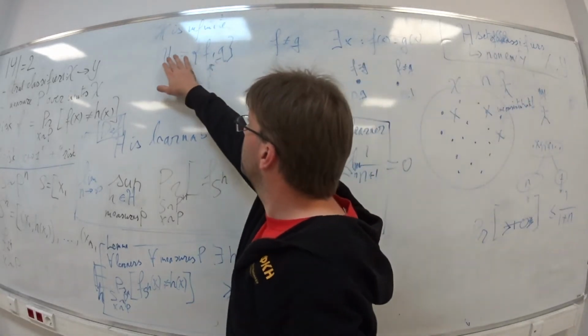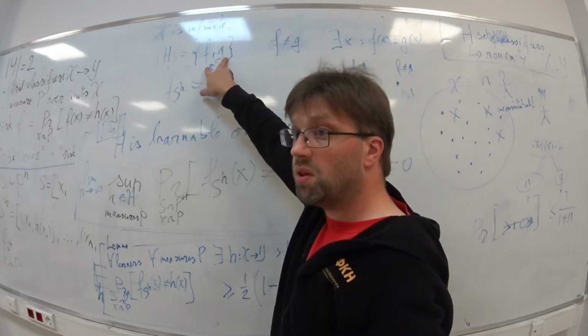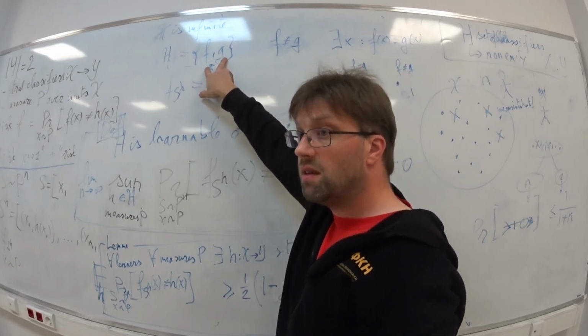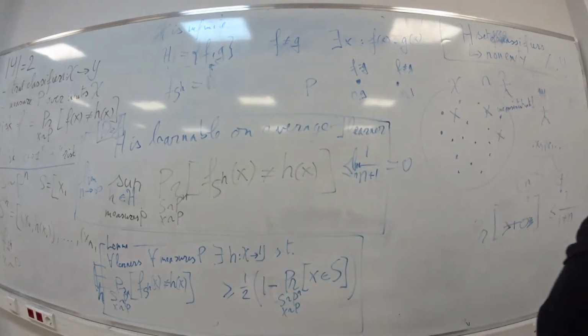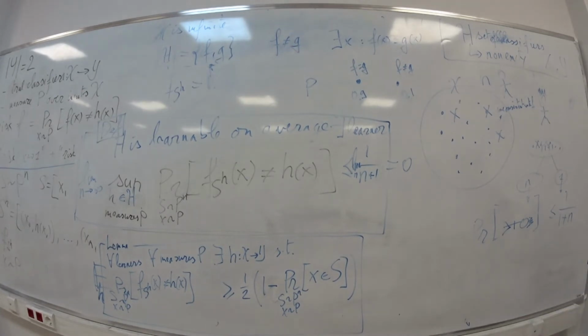If H contains two functions, it's learnable on average. Now, what about finite H? It's also learnable on average. So how can we change the argument?